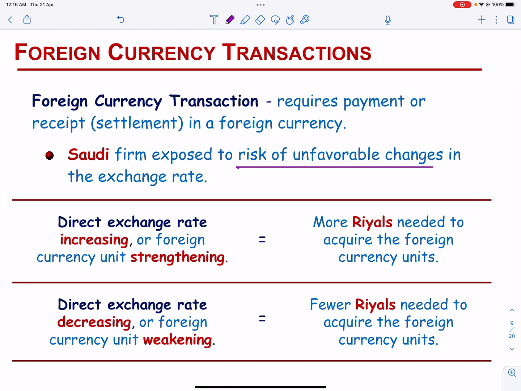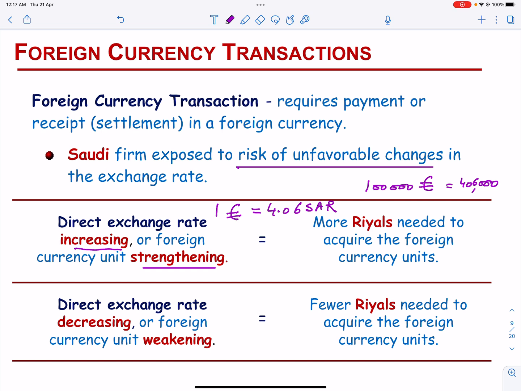If the direct exchange rate increases or the foreign currency strengthens, for example, 1 euro is equal to 4.06 Saudi riyals, and the Saudi firm has a payable of 100,000 euros, then right now it needs 406,000 today to make the payment.